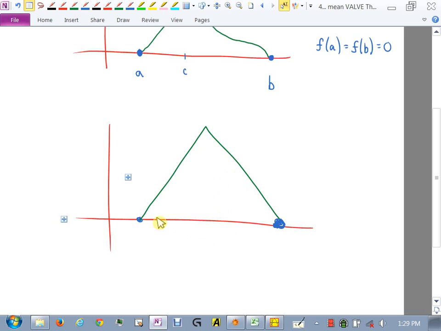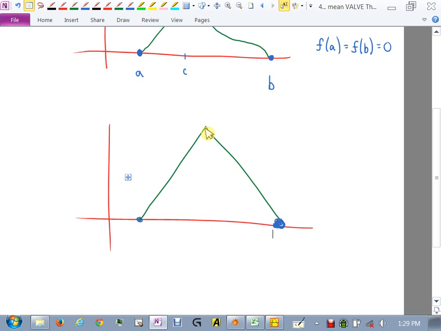So what's the slope of the line connecting these 2 points? 0. Is there a point in between here where the slope is 0, the derivative? No, right? Rolle's theorem says there has to be. But see, being continuous is not enough. What other condition must you have? Differentiable. See, what's happening at this corner? You can't have a derivative at a corner.